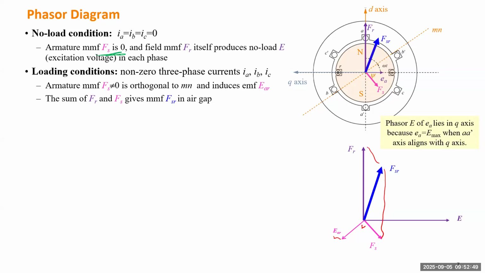This is the real magnetic force when the system has load. It will induce a voltage that becomes the true voltage source of the external system, also 90 degrees lagging the magnetic force.